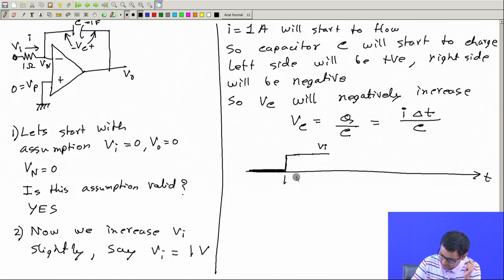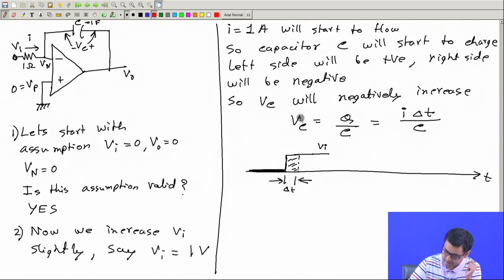Okay, and consider a delta t amount of time. So within this delta t amount of time, some charge has come and it has charged this capacitor, and the capacitor voltage is increased by this much. Okay, so this is Vi, and let me draw.